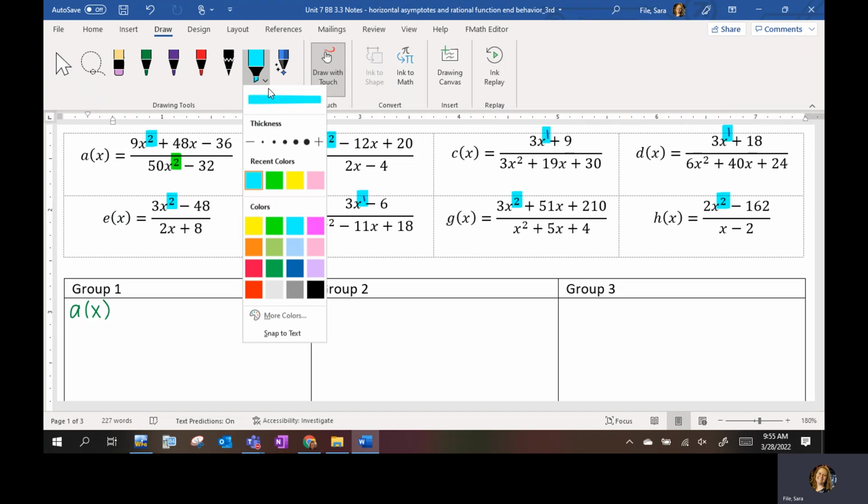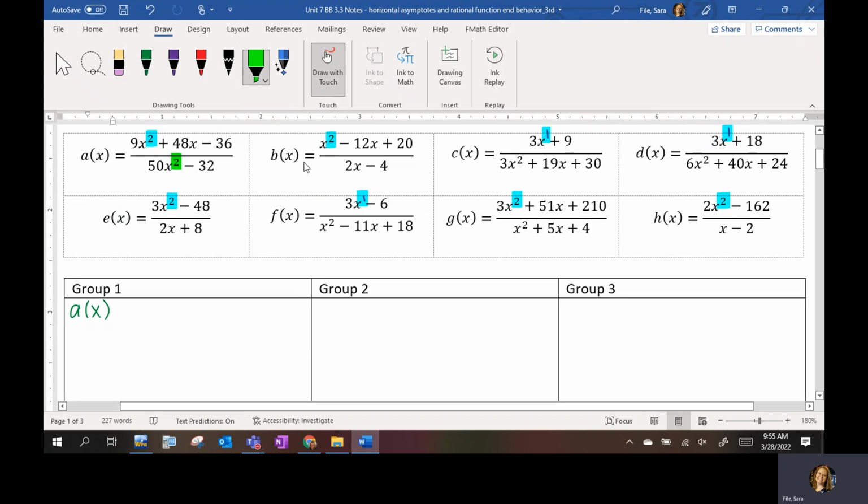Okay, now let's look at the denominators. All right, in the b of x, what's the degree of the denominator? That would be the understood 1. Okay, and in c of x?